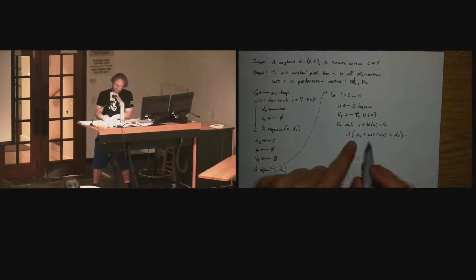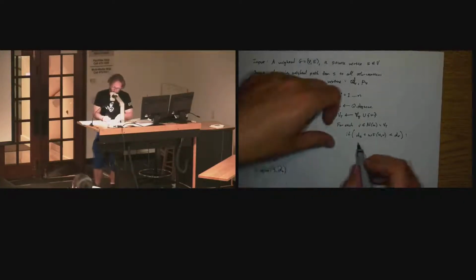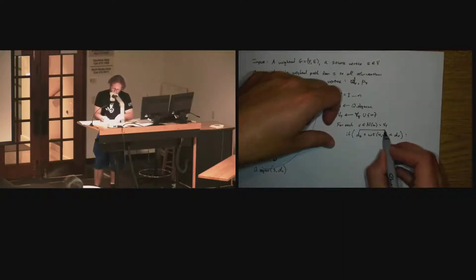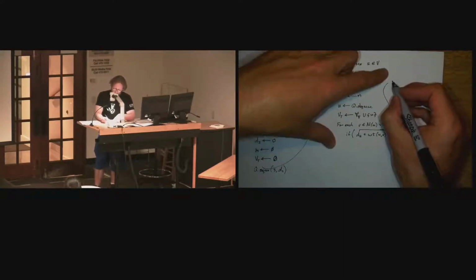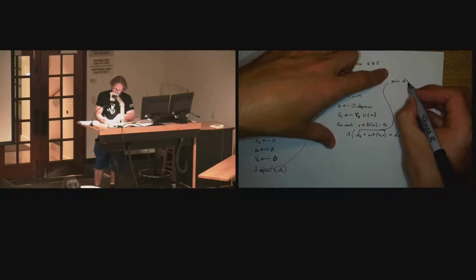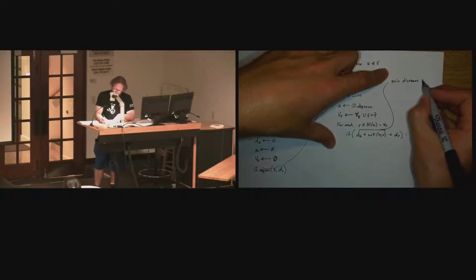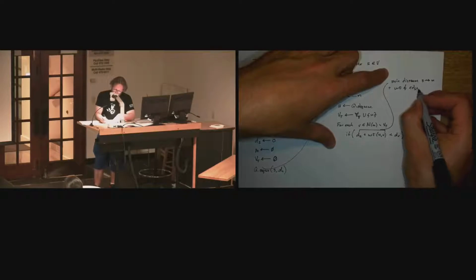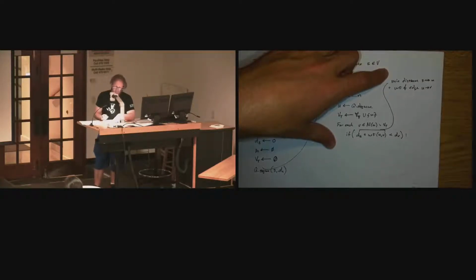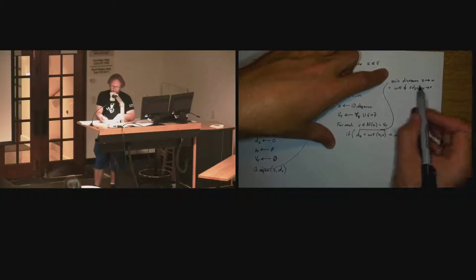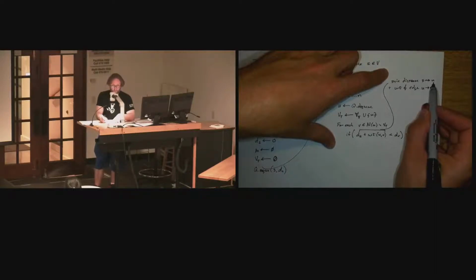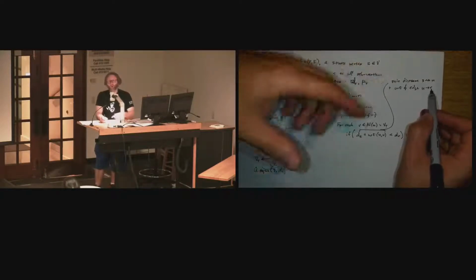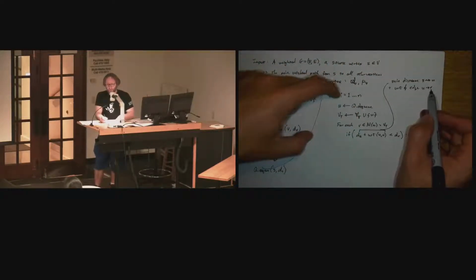Now understand what this is. In fact, I'll annotate it right here. This is the minimum distance found so far from S to U, plus the weight of the edge U to V. Right? So this is how you got here. This is the weight, the distance, or the weight that it took for you to get to U. Going from U to V would cost you just the cost of the weight of that edge.